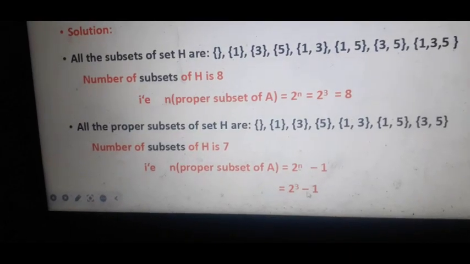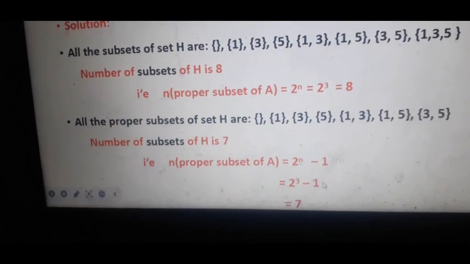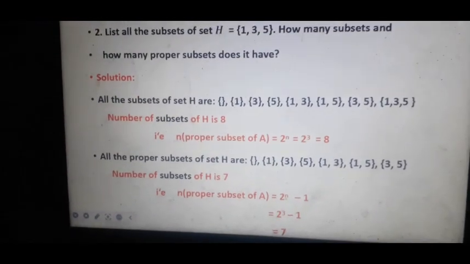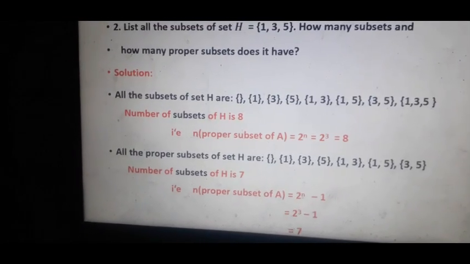So 2 raised to 3 minus 1 is 7. Okay, this is all about that.